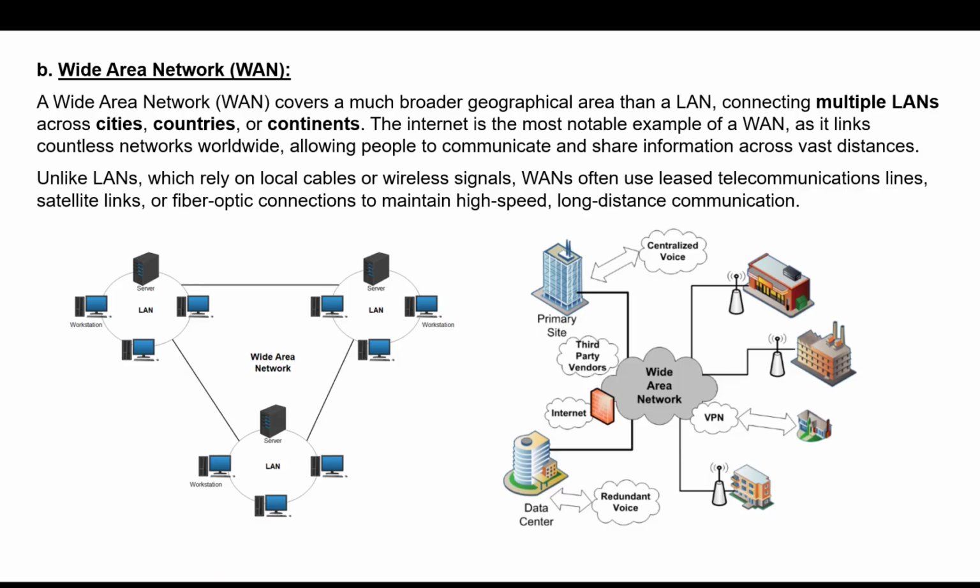So a wide area network, like I said again, is a connection of multiple LANs across cities, countries, and continents. The internet is the most notable example of a WAN, just like what I told you just now.